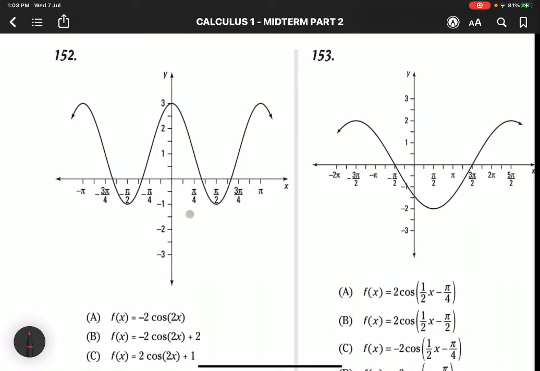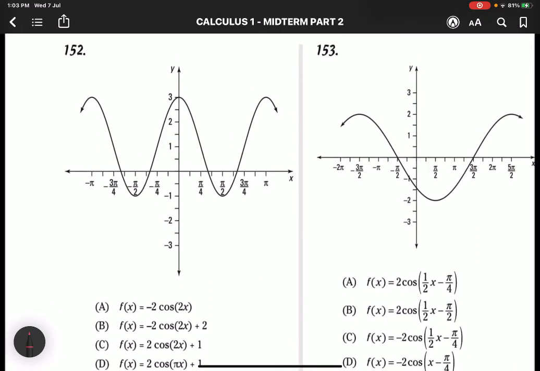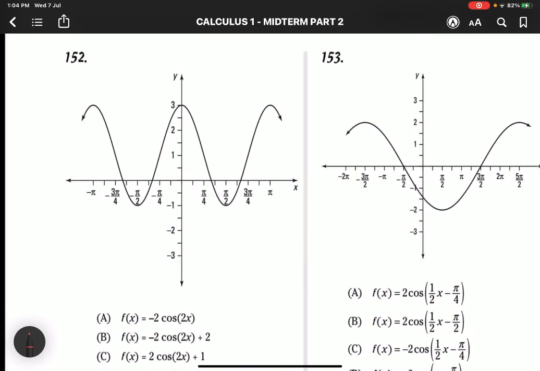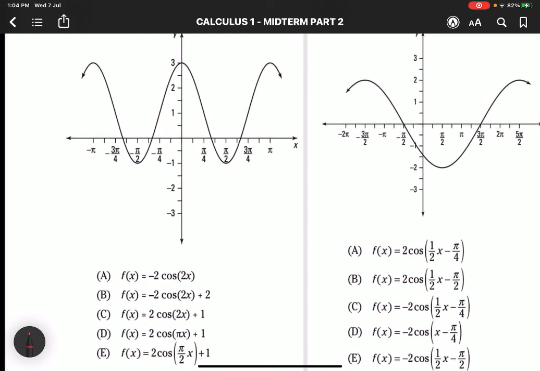okay, so meron tayong 3 at negative 1. So, ang amplitude natin is 2. No? So, for 152, manonotice nyo na yung amplitude is 3. From 3, bumaba siya ng negative 1.